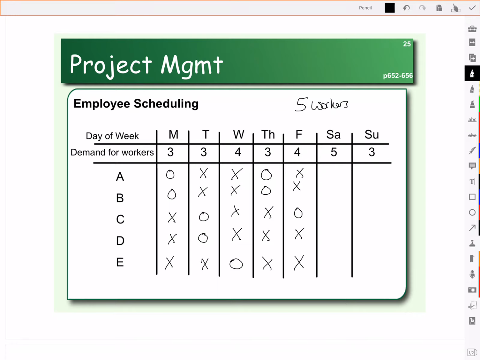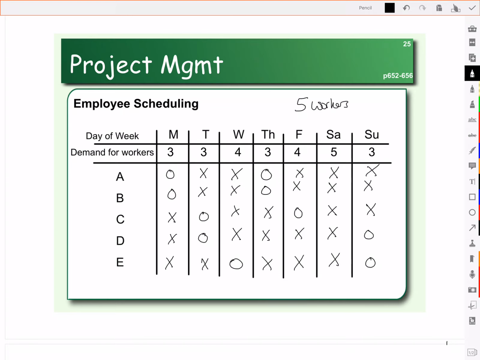We have 5 workers, we need 5 workers, so no one gets the day off. On Sunday, we need 3 workers, we have 5, so 2 people get the day off, and we give those 2 people the day off, those who haven't had a day off yet in a couple days. So that means that D and E get the day off.